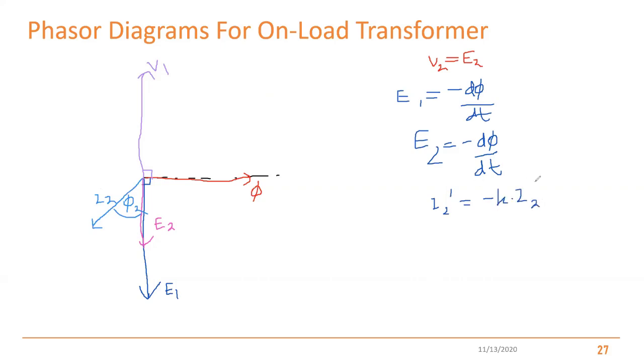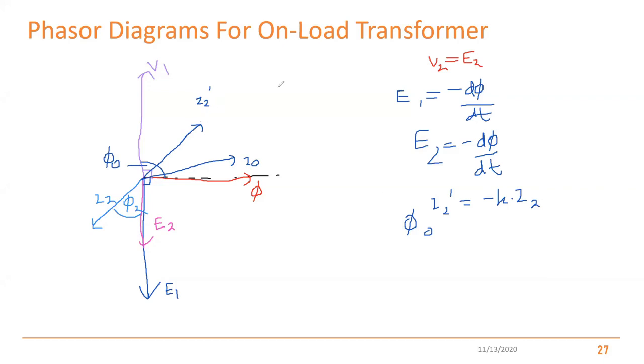Because of this minus sign, it is completely in anti-phase, in the opposite direction, so you can draw the I2 dash phasor like this. If the no-load power factor angle is phi naught, the I naught vector is somewhere like this, at angle phi naught.